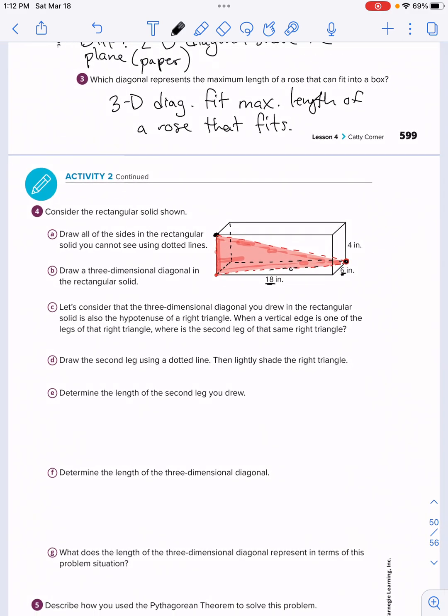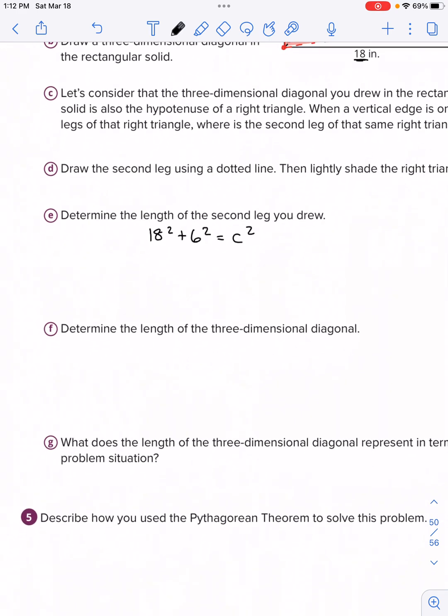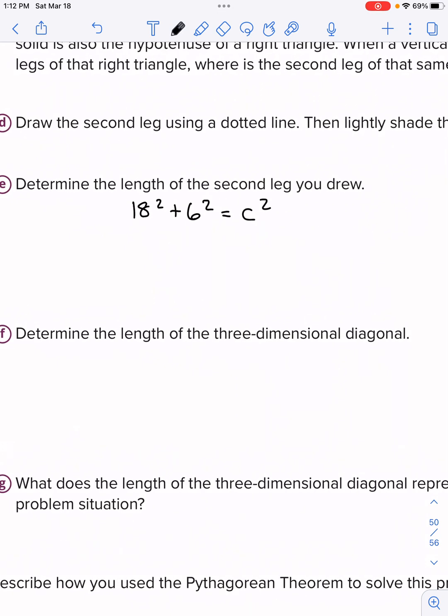We're going to use the Pythagorean theorem, so 18 squared plus 6 squared equals C squared. 18 squared is 324. 6 squared is 36. Pretty much what you do is you add it. That's 360. And you take the square root of it.